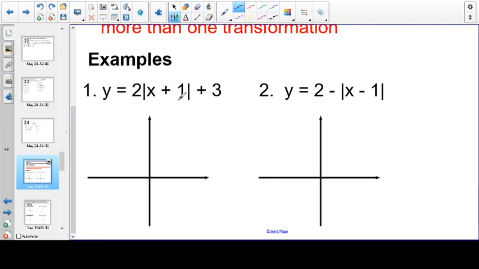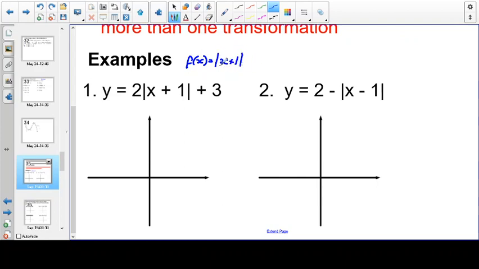Okay, so 2 examples. What you need to do, if you look, you've got some modulus graph that's then had something done to it. So what you need to do is consider this, the modulus part, as your baseline.